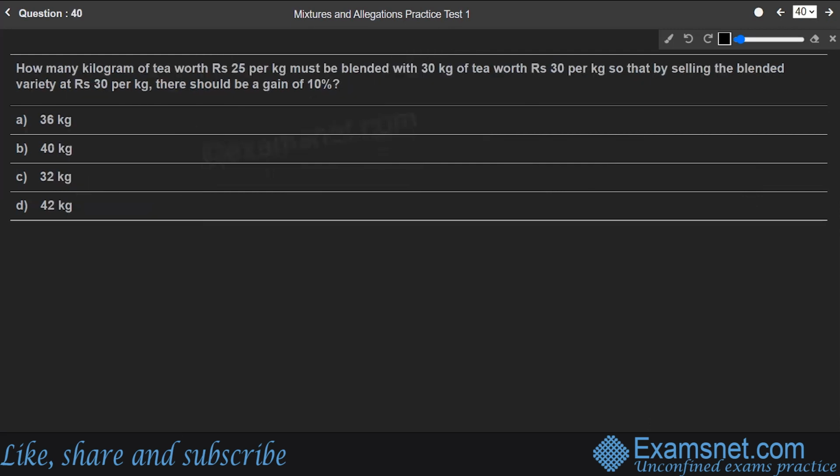Next question. How many kilograms of tea worth rupees 25 are to be mixed with 30 kg of tea worth rupees 30 per kg? So the quantity is 30 kg, the price is 30 rupees. We can treat the cheaper cost as 25 and the dearer cost as 30, so that by selling the blended variety at rupees 30 per kg, there should be a gain of 10%.